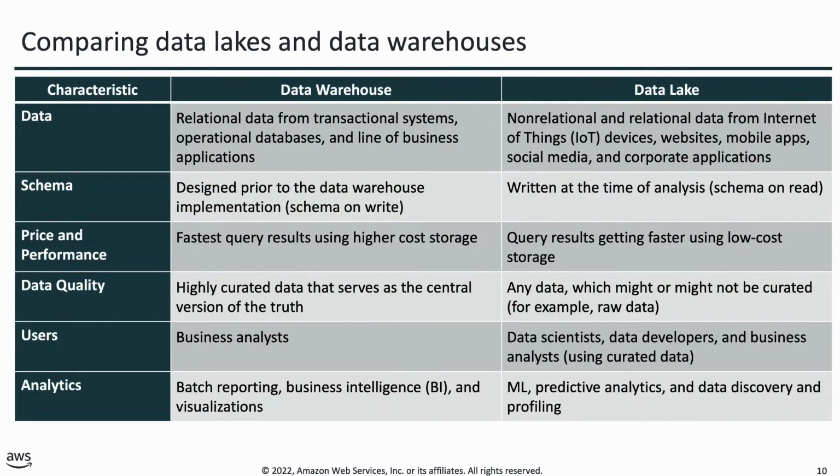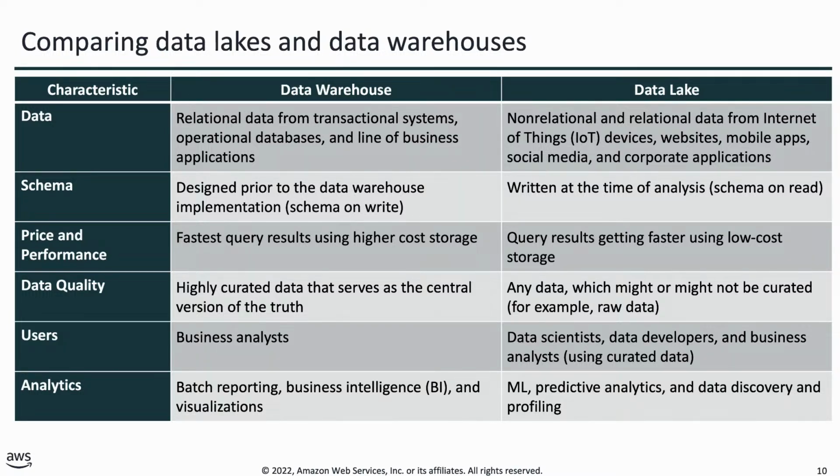Now, if we look at the comparison between a data lake and a data warehouse, it's important to think about the concept of complementary storage types, and a data warehouse is going to get a lot of the data from the vast repository that's found in a data lake. And the key differences are in the data quality characteristics.